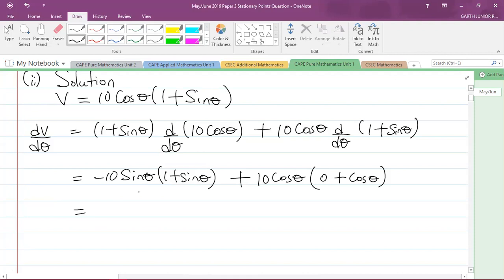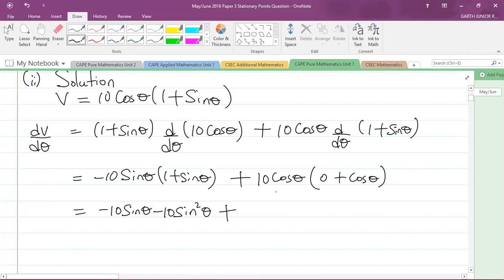Great. So let us now simplify. All right, so negative 10 sine theta multiplied by 1, that's negative 10 sine theta. And negative 10 sine theta multiplied by the sine theta will give us a negative 10 sine squared theta. Okay? Plus 0 plus cos theta is just cos theta.